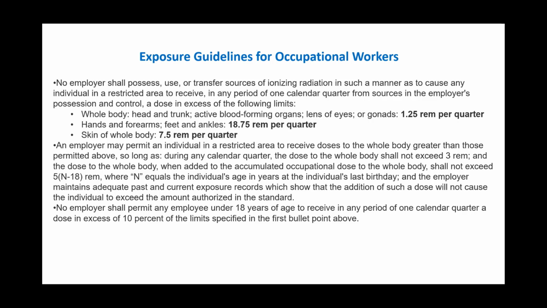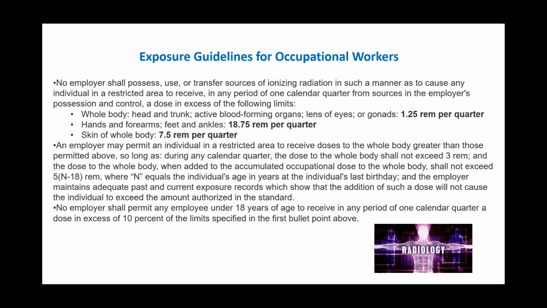An employer may permit an individual in a restricted area to receive doses to the whole body greater than those permitted above, so long as during any calendar quarter the dose to the whole body shall not exceed 3 rems, and the dose to the whole body shall not exceed 5 times the person's age minus 18, in rems.